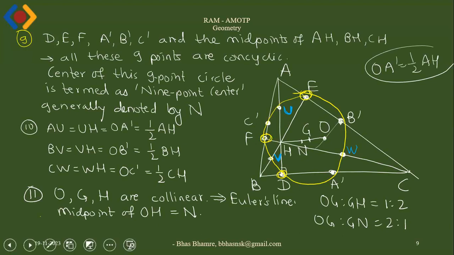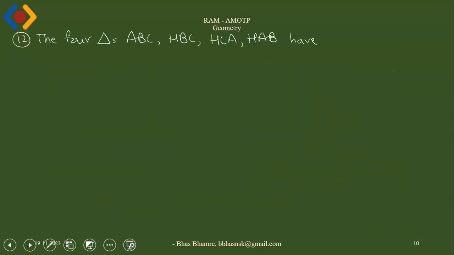Okay, going ahead. The four triangles ABC, HBC, HCA, HAB have the same 9-point circle. I'm not going to draw the figure because you know that H is the orthocenter.